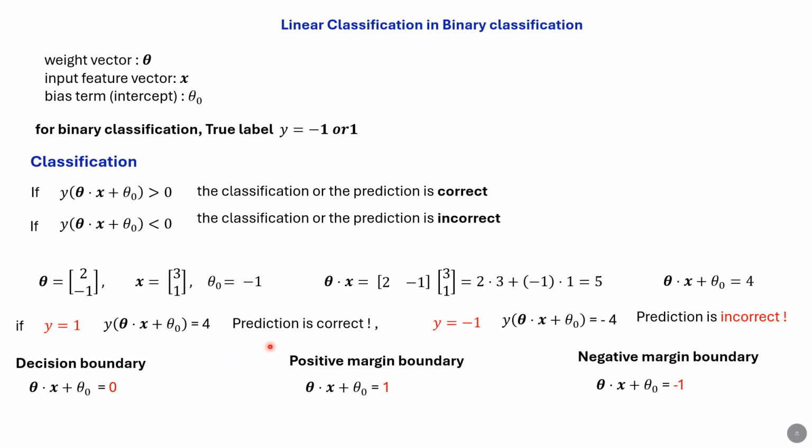Then we can say the prediction is correct. If y is -1, then this becomes -4, which is less than 0. Then the prediction is incorrect. On the decision boundary, this expression is 0. On the positive margin boundary, it is 1. And on the negative margin boundary, it is -1.